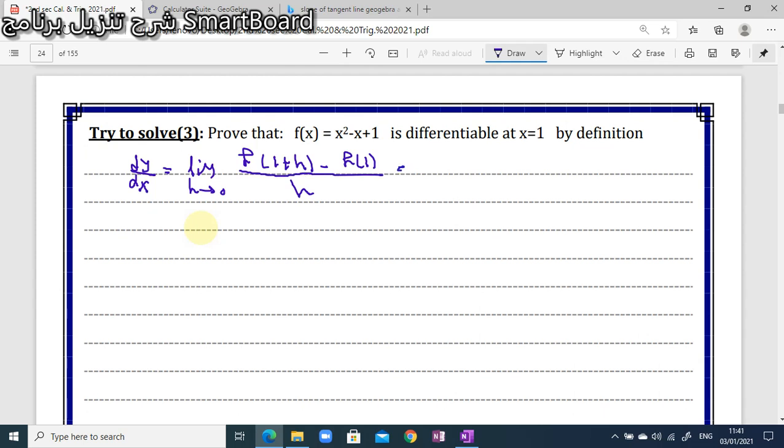So the limit as h approaches 0 of (1 plus h) power 2 minus (1 plus h) plus 1, all minus (1 power 2 minus 1 plus 1), all over h.